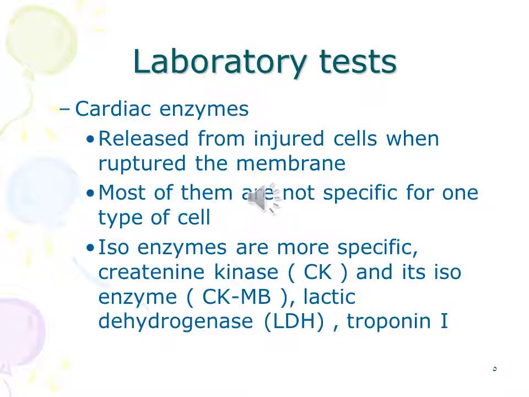What does lactic dehydrogenase mean? You know that lactic acid could be produced in case of decreased ATP or in the absence of oxygen. In a patient with a heart attack there is decreased blood perfusion and decreased oxygen supply, so lactic acid may result.